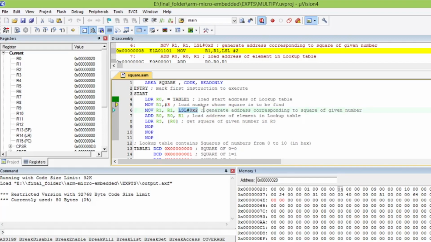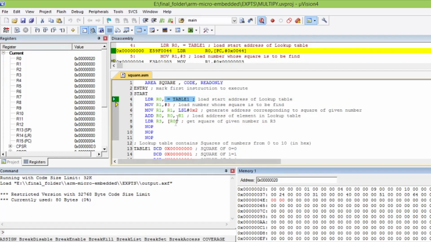So the entire task is done by this particular instruction only. For any given data we are multiplying by 4 because one particular value occupies 4 locations. Because we are starting from 0, any number whose value is to be found, we have to just multiply it by 4 and add it to the initial address. That is nothing but 20.